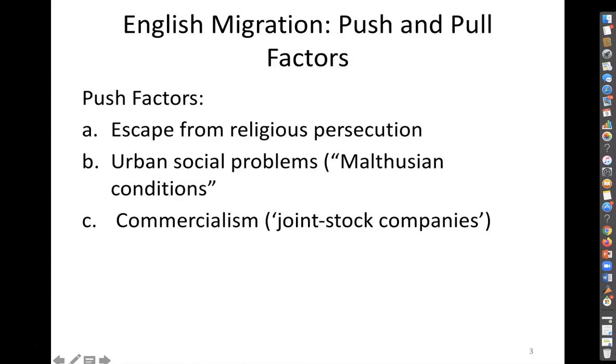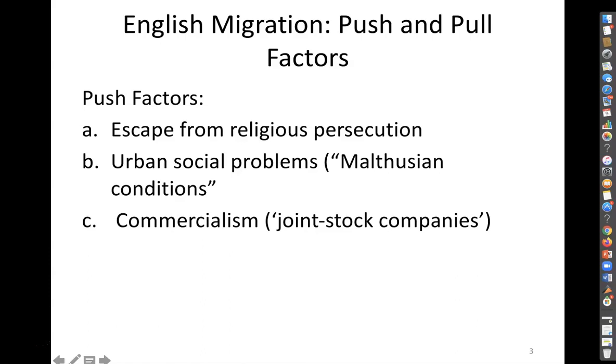So earlier, I talked about this business institution called the Chartered Company. And I believe I talked about this when I was discussing the Dutch role in immigration and settlement, and in particular, the Manhattan Island incident, right? Well, basically, a joint stock company is the English version of that chartered company.